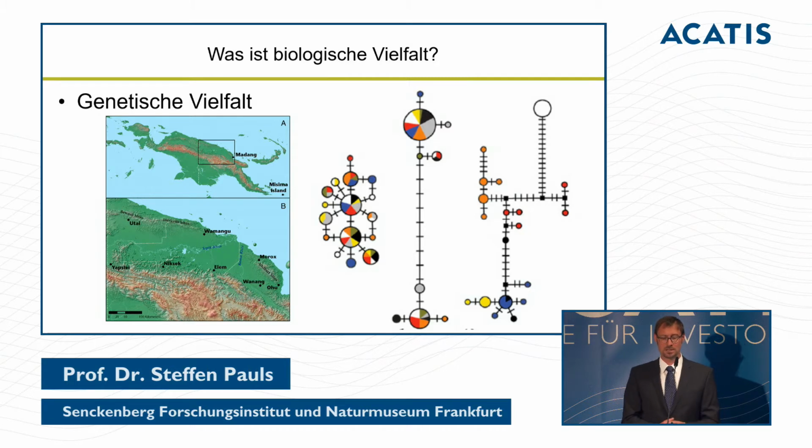So you have here this type of moth, and in this network you see where the individual variants in the individual sites occur, and these variants are very, very different.